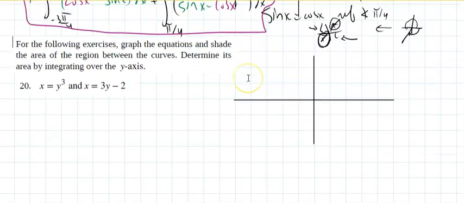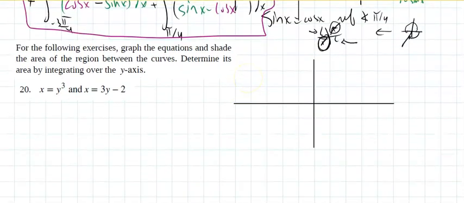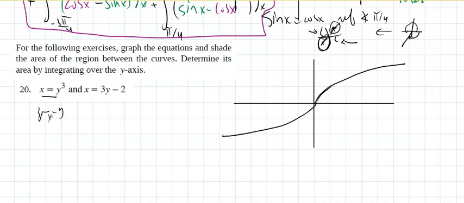Now, if we're going to go sideways, x equal y cubed. X equal y cubed is kind of like you're saying y equal cube root of x. One of those. And x equal 3y minus 2. That's a line.